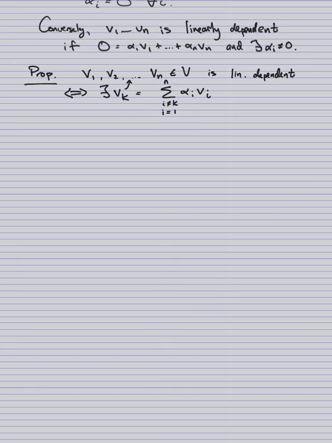So you're linearly dependent if and only if you can take one of the vectors and write it as a linear combination of other ones in the collection.